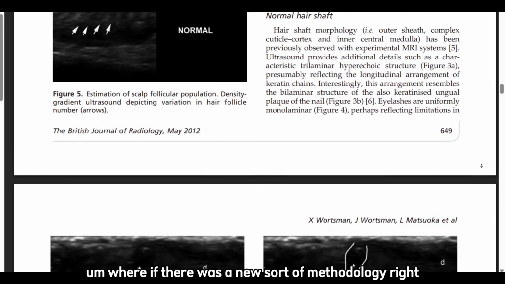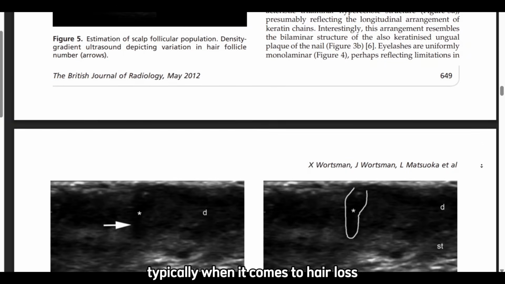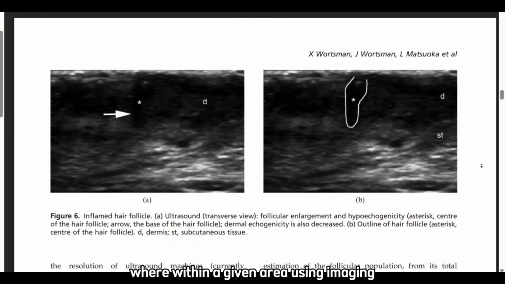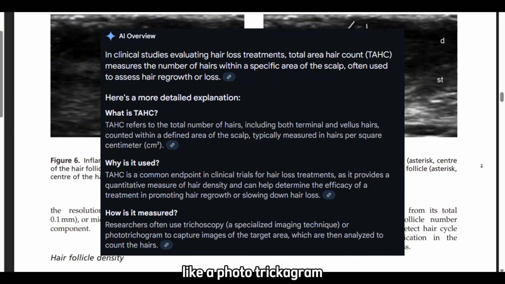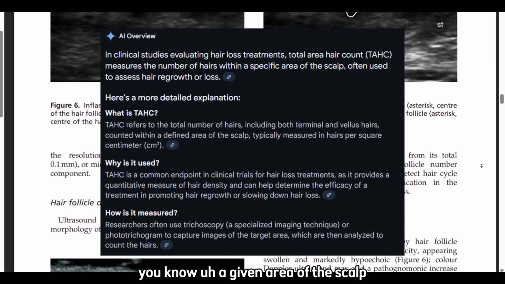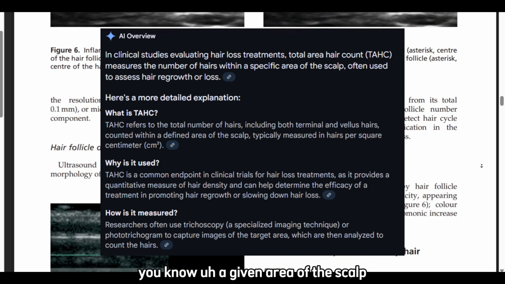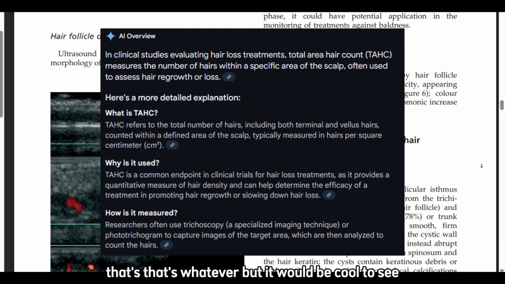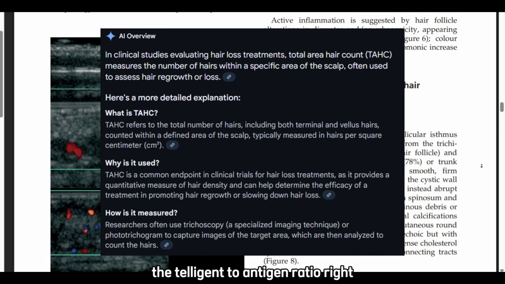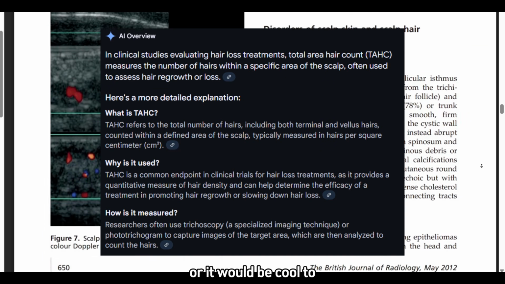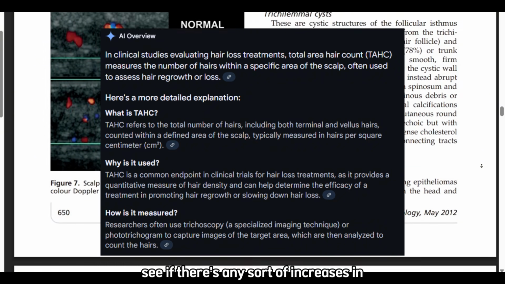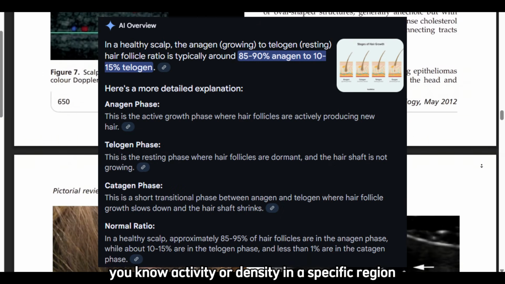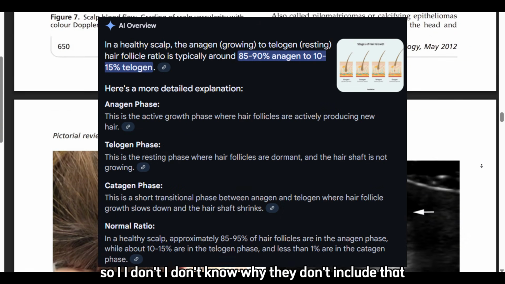Typically, when it comes to hair loss, there's the total area hair count, using imaging like a phototrichogram, where they take a picture within a given area of the scalp and count the number of hairs that grow in that area. But it would be cool to see the telogen to anagen ratio, right? Or to see if there are any increases in hair follicle activity or density in a specific region. So I don't know why they don't include that.